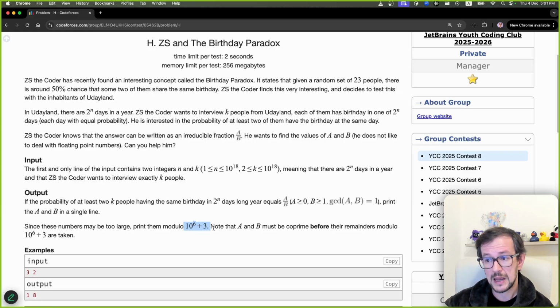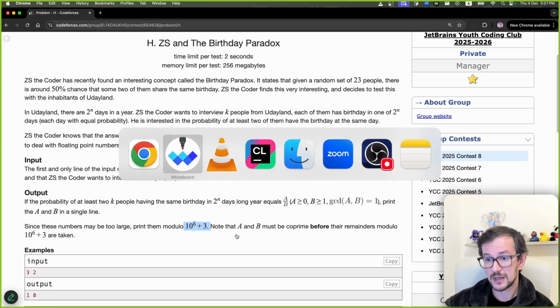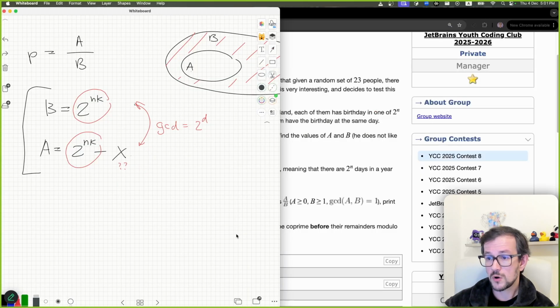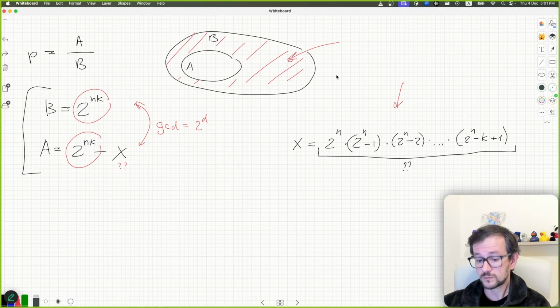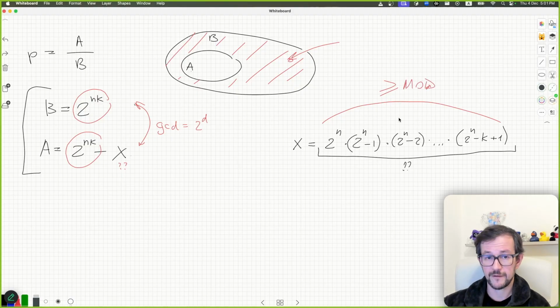So I think, can it help me somehow to calculate this number? Definitely it can. If the number of elements is greater than the modulus, then at least one of them will be divisible by the modulus. So if I have a lot of elements here, x will be 0.